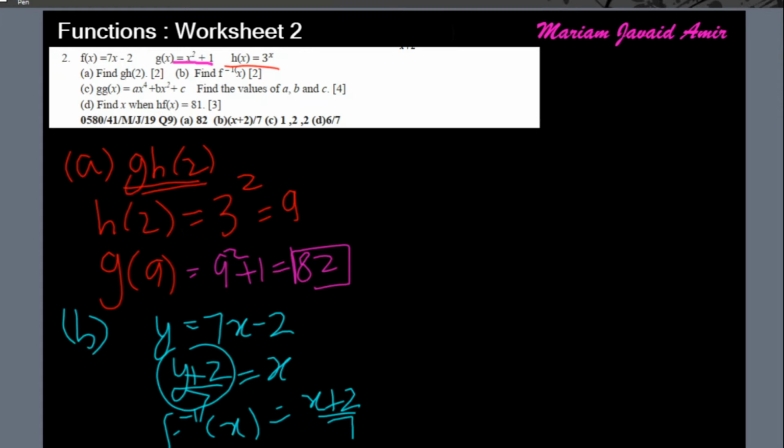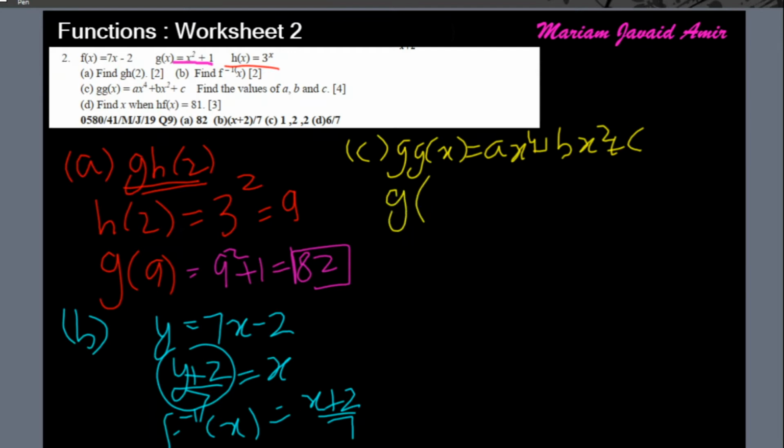Part C is Gfx equals ax power 4 plus bx square plus c. Find the values of a, b, c. So Gx means that write g and then gx again, x square plus 1. Now here, instead of x, substitute x square plus 1.